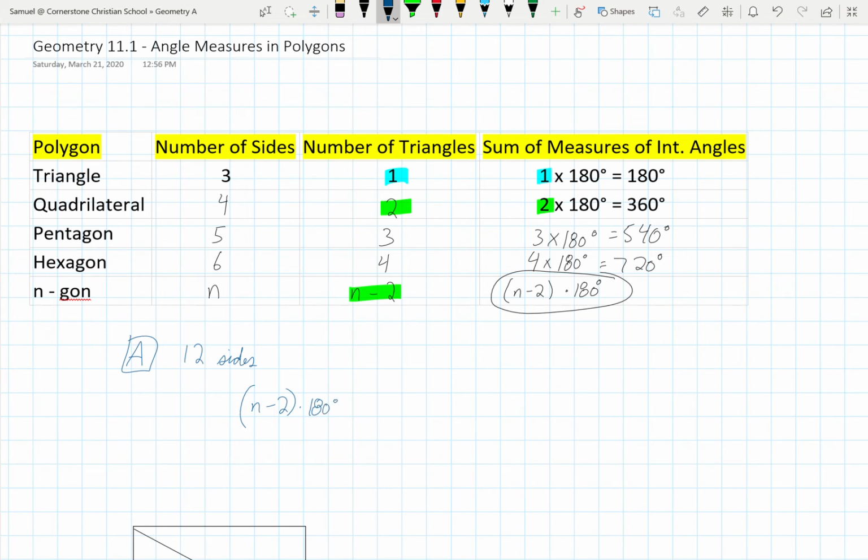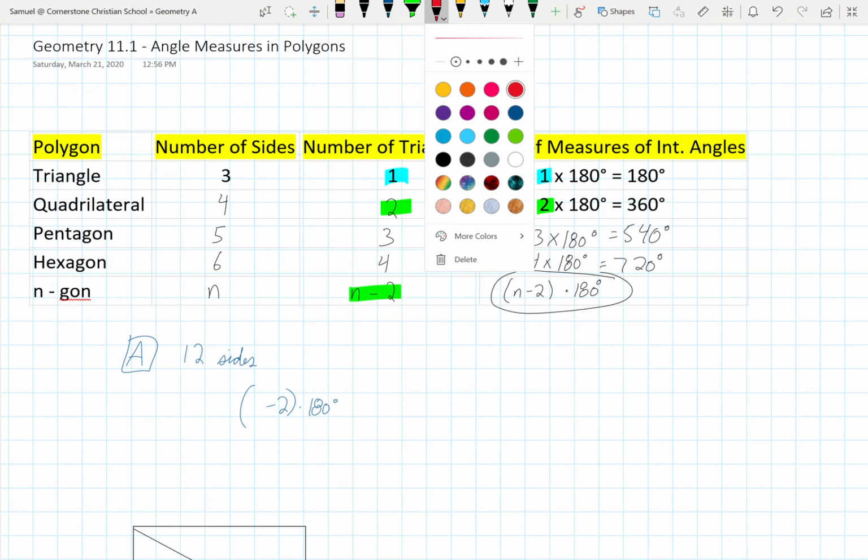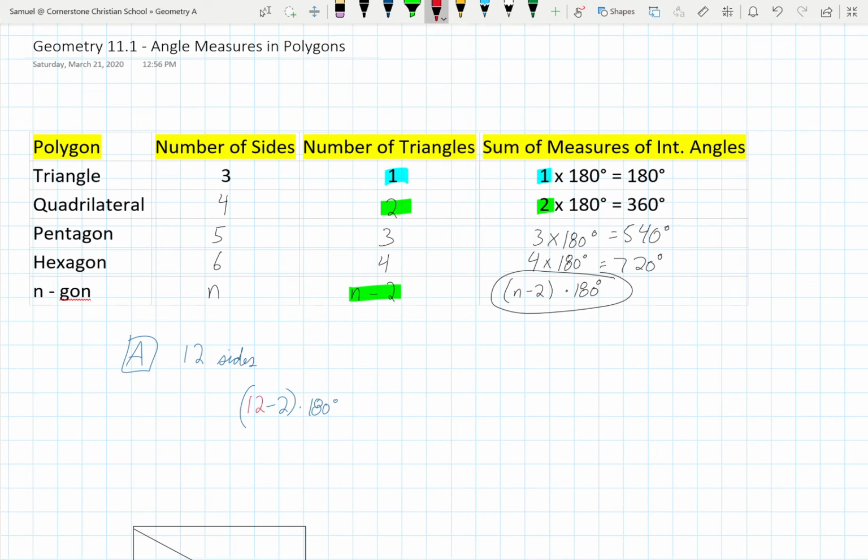Well, n is 12 in this case. So 12 minus 2, 10, times 180. And so the total sum of the interior angles would be 1,800 degrees, all of them combined.